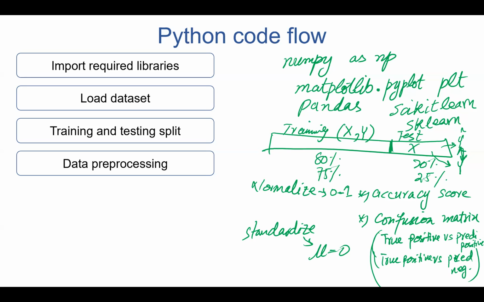There is a reason why you have to do the data pre-processing after the train and test split. Some of you might say, well, why didn't you just pre-process the data before you even did the train and test split? There is a very specific purpose for doing the pre-processing after the train test split.